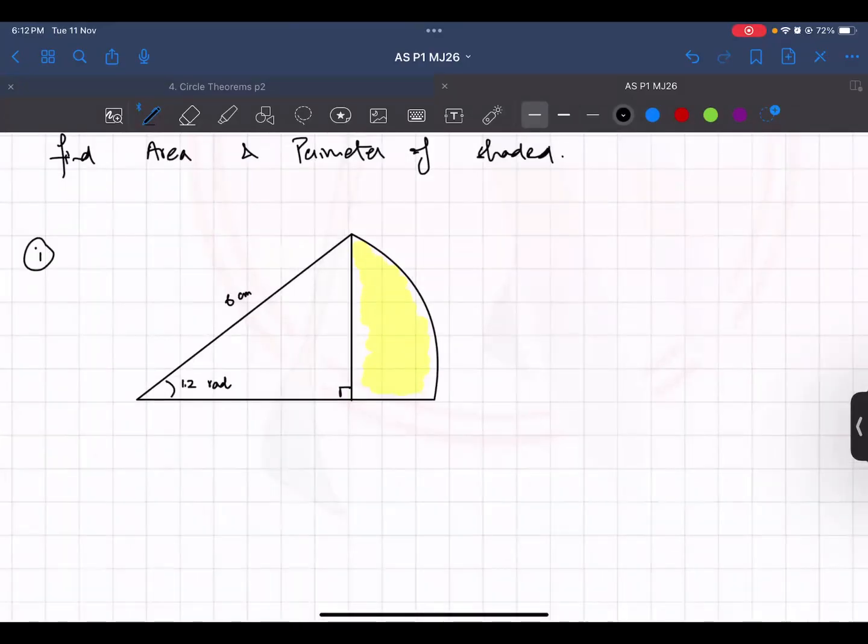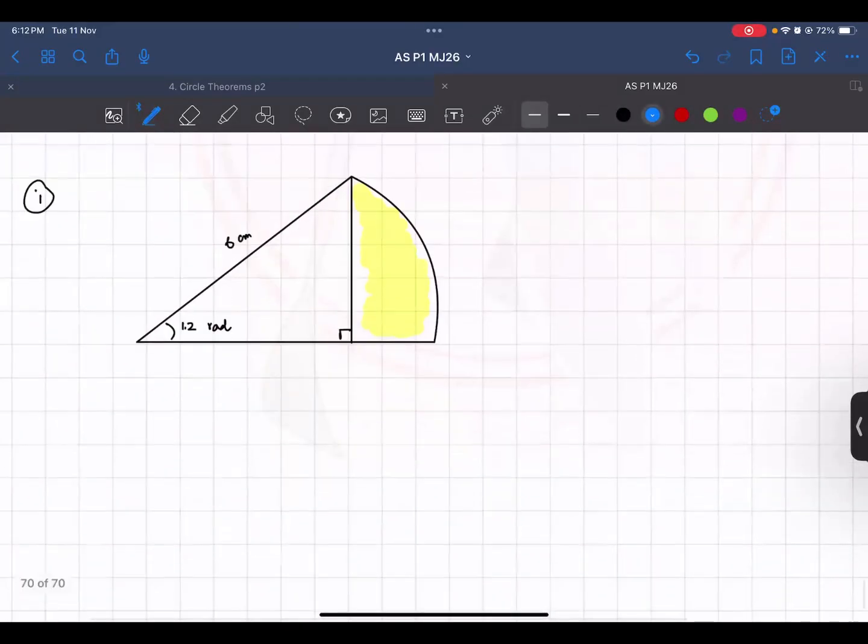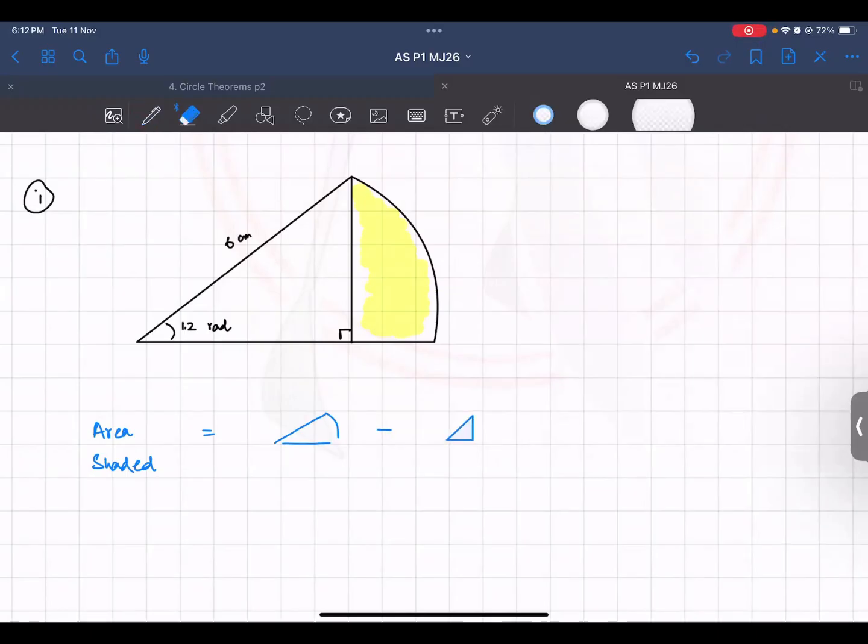First of all, let's find the area and break it down. For the area of shaded, first identify what shapes you will use to find that. So what can I do? First of all, I can take the sector, right? The complete sector minus the right angle triangle I can see. So I will get the shaded part.